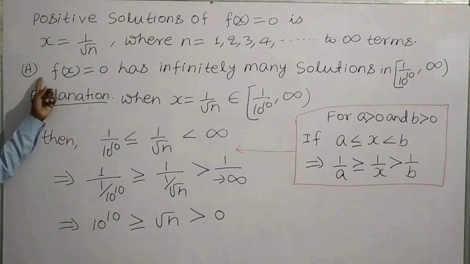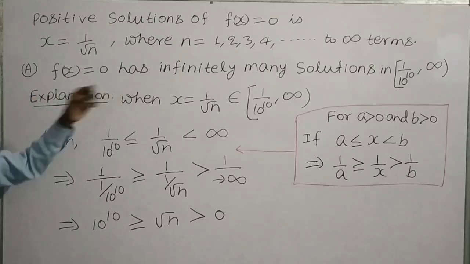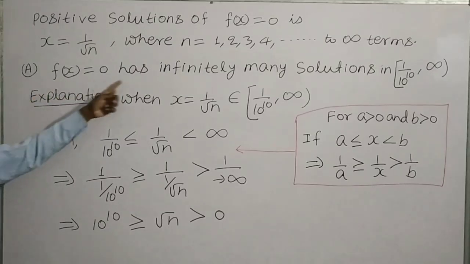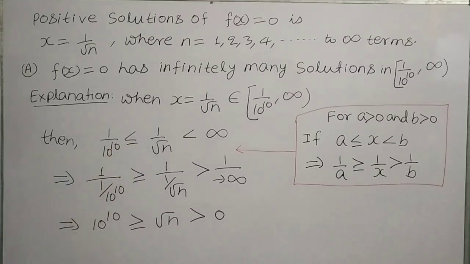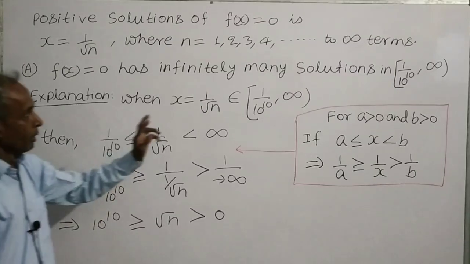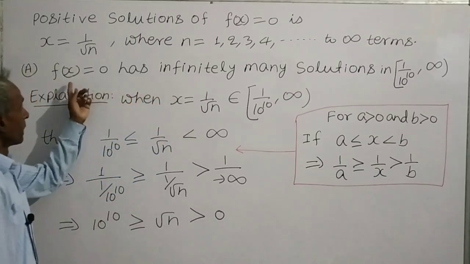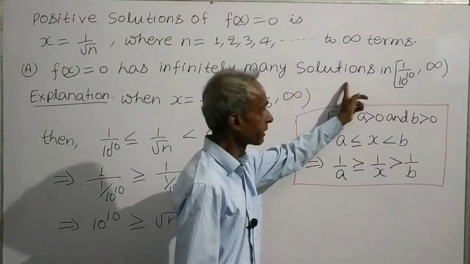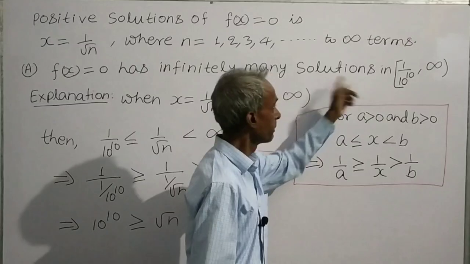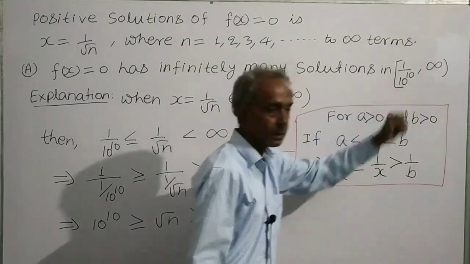Now we check option A, whether this statement is correct or not. f(x) is equal to 0 has infinitely many solutions in this interval.